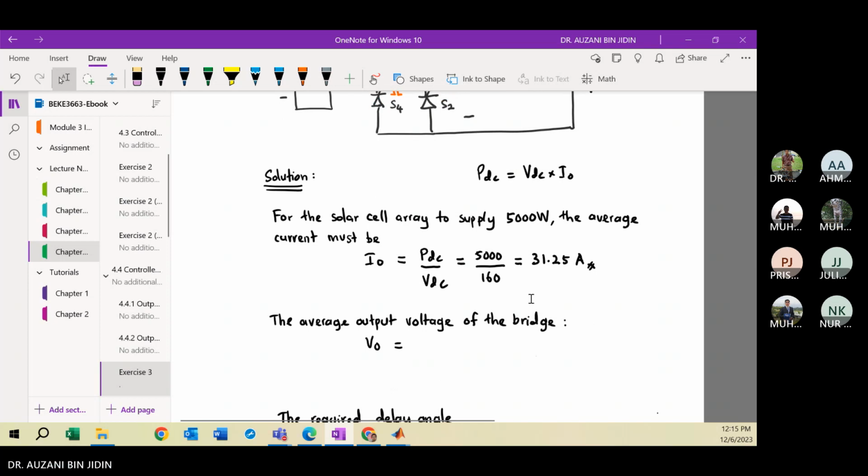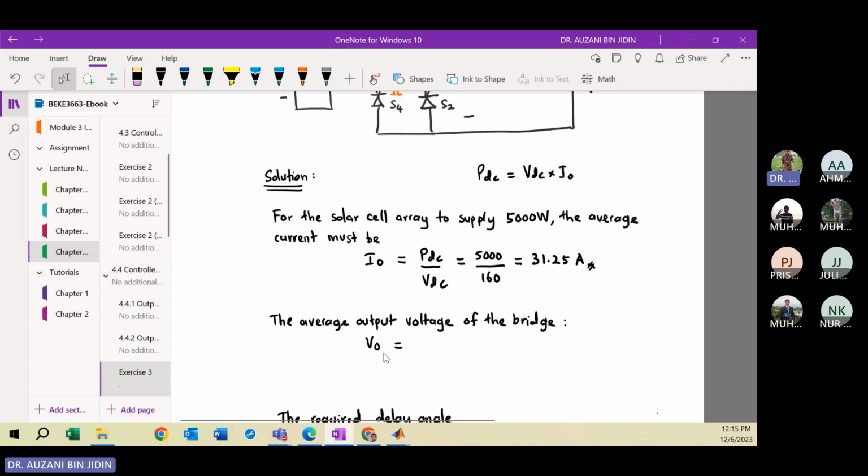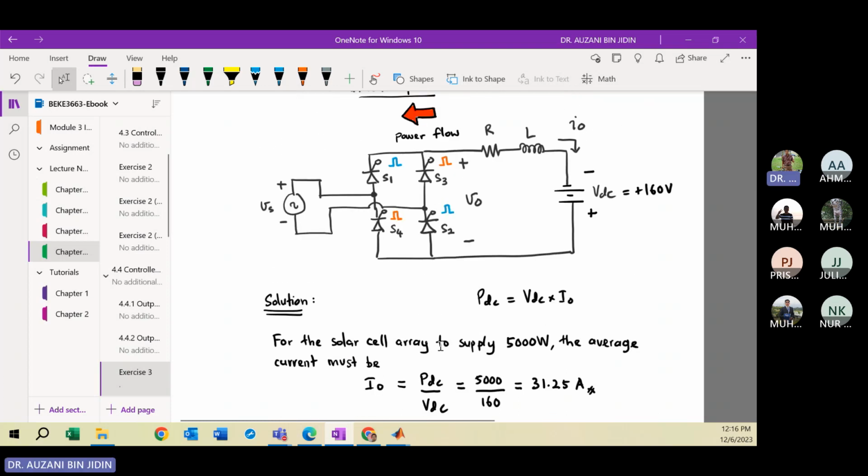Okay. Based on the output current, now you can calculate the average output voltage. Make sure you write it in capital letters because this is the DC component or the average component. How to calculate the output voltage? Firstly, you need to obtain the equation of the output voltage from the circuit.